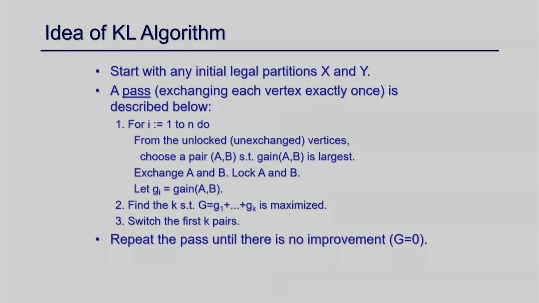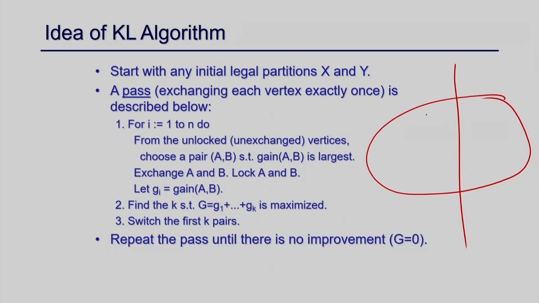So the idea is, you start with the initial cut, you take an arbitrary cut of the circuit that may be high. Then there are n nodes here, there are n nodes here, and you find out all possible partitioning. So there might be n square pairs. Suppose there are 3 nodes here, 1, 2 and 3, and here A, B and C. So the possible pairs are n into n, 3 into 3, 9, right.